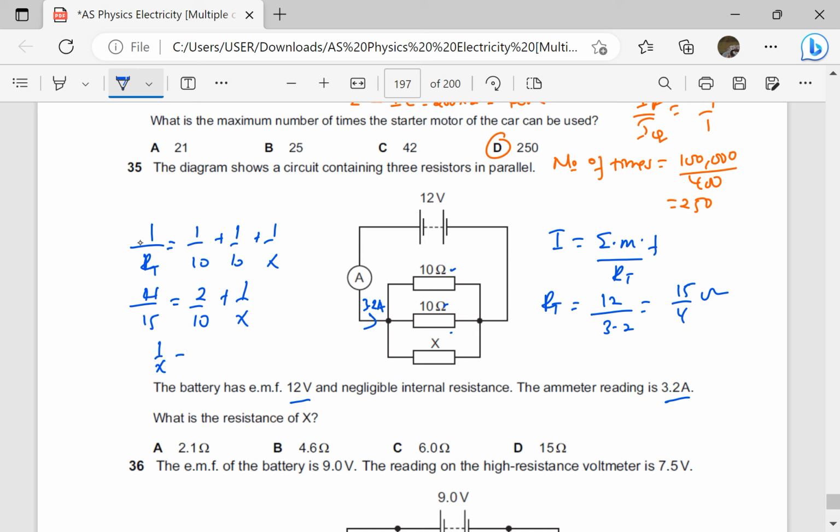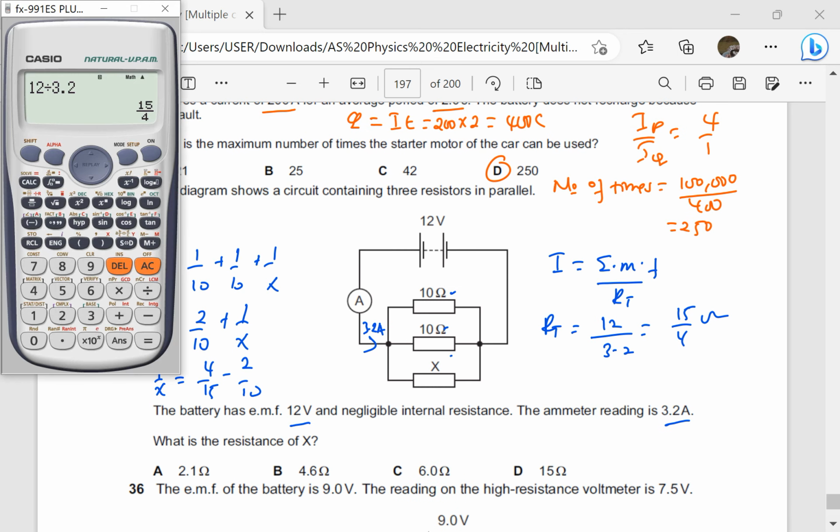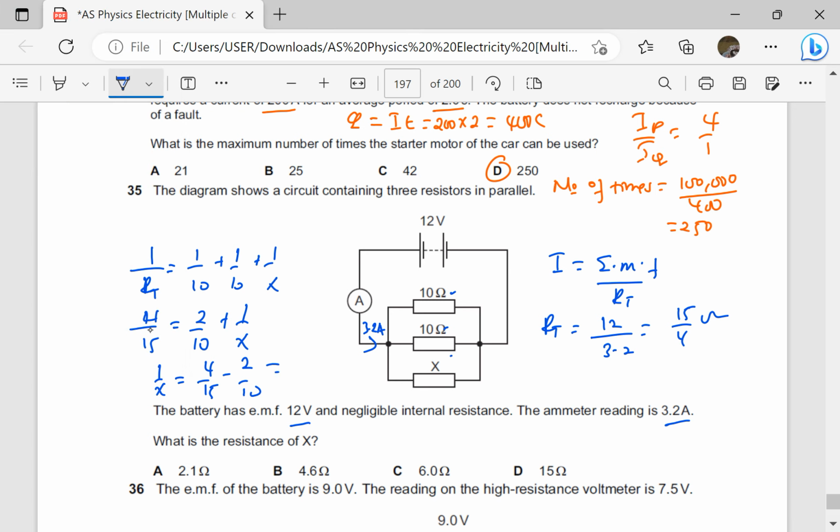So 1 over x will be equal to 4 over 15 minus 2 over 10. This gives us 1 over 15, which implies that x is equal to 15 ohms. So our answer is going to be D.